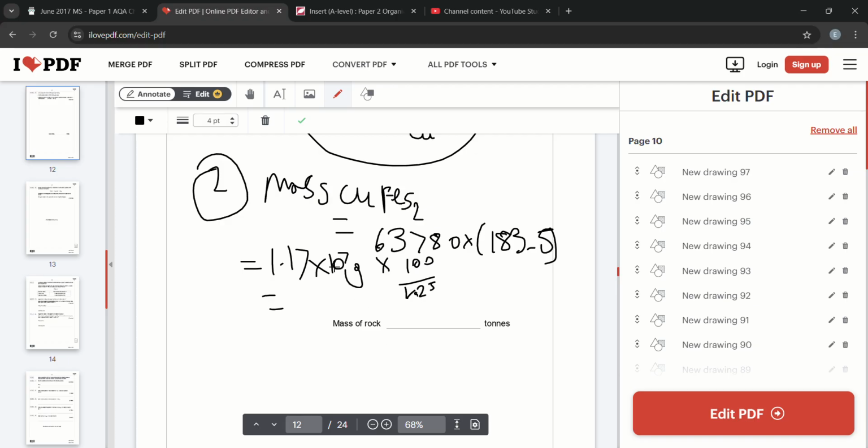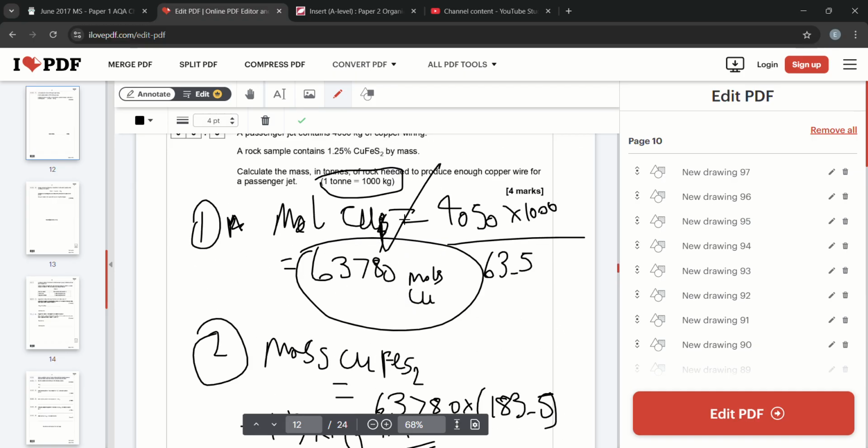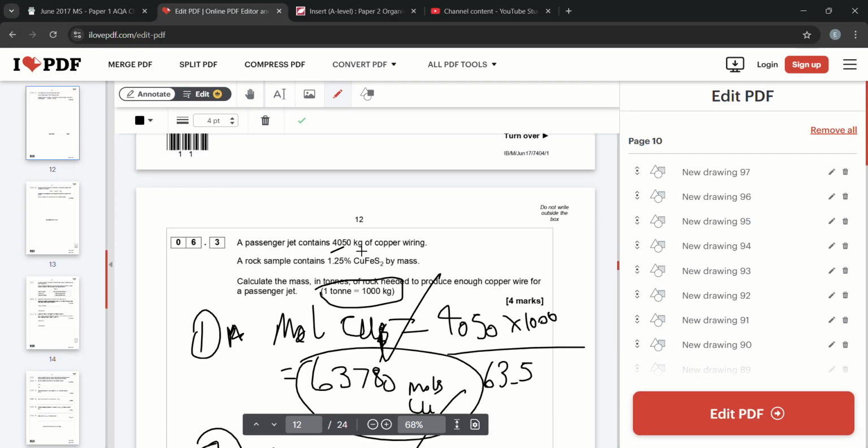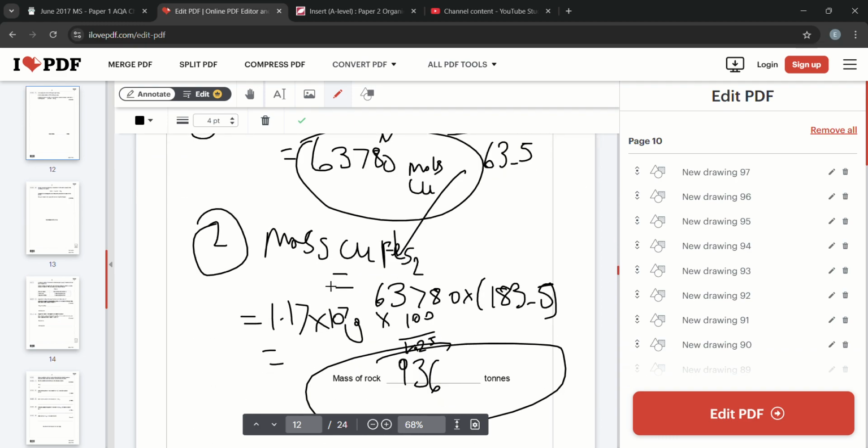If we divide by 1,000 to get into kg, and again by 1,000 to get tons, that gives me 936 tons as a mass of rock. So moles of Cu, the mass of CuFeS2 by the molar ratio, then times by 100 divided by 1.25 because the rock sample contains 1.25% of CuFeS2 by mass, and then convert it into tons.